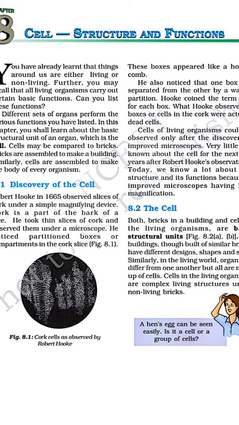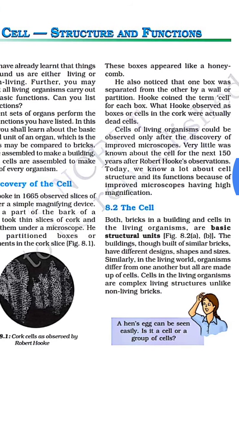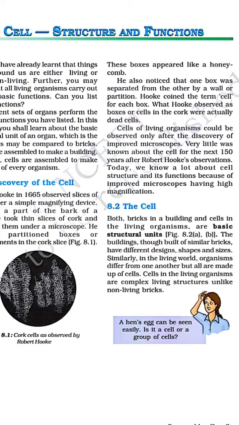He noticed further that each and every compartment or box was separated from the others by a covering, and this covering or partition was similar to the walls of our room.